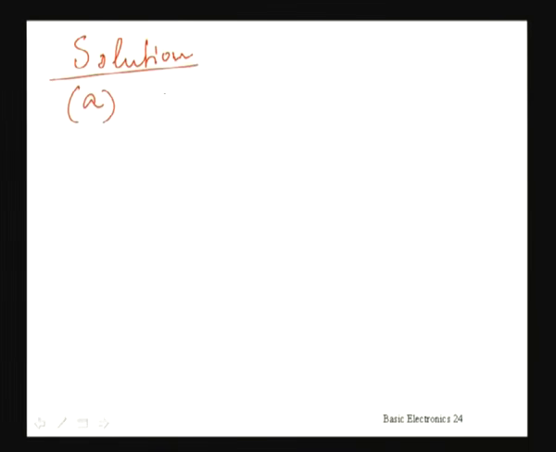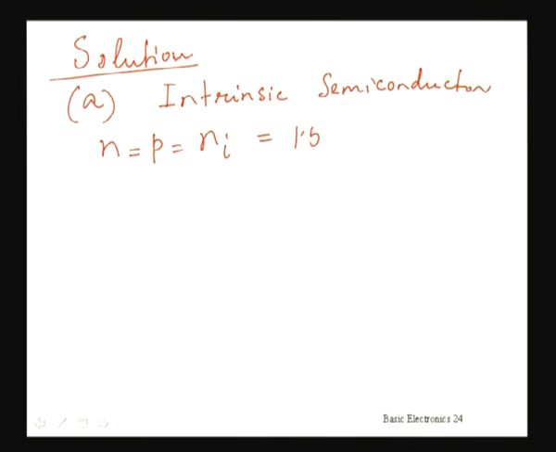Let us now first of all do part A of the problem. It is an intrinsic semiconductor that is given. So the hole concentration and electron concentration are the same, which is the intrinsic concentration, and it is given as 1.5 into 10 to the power 10 per centimeter cube.